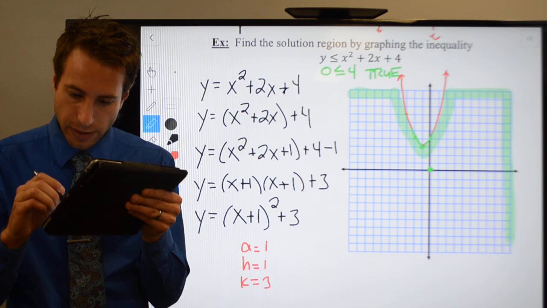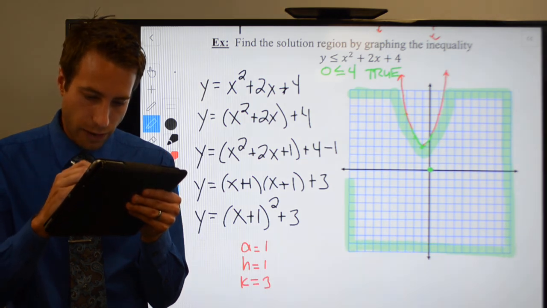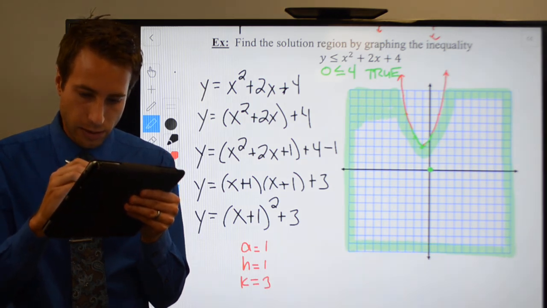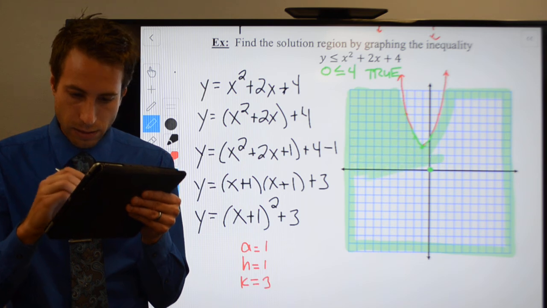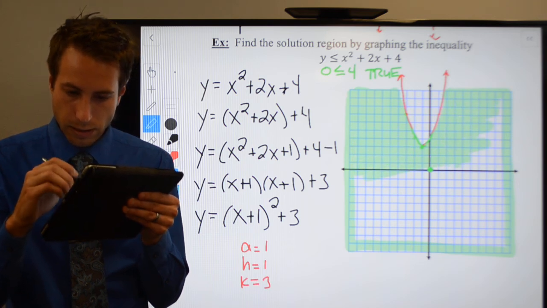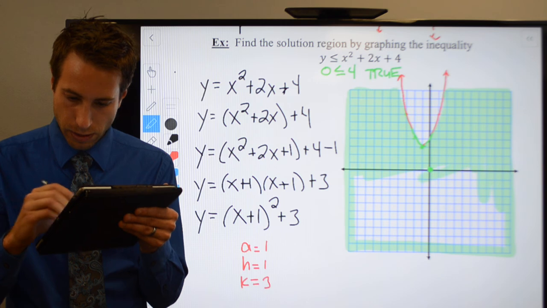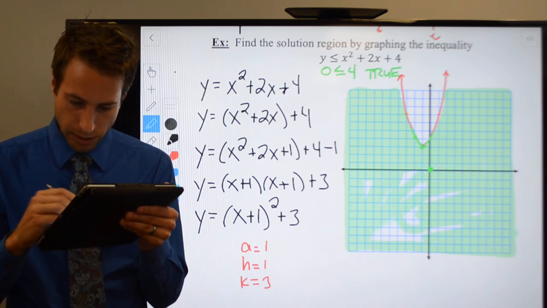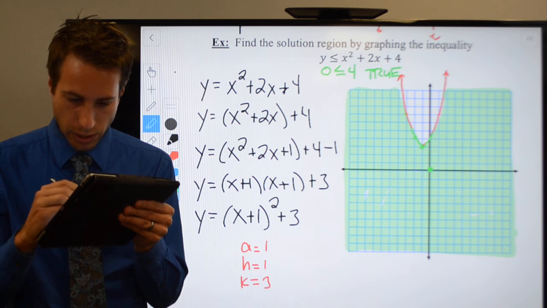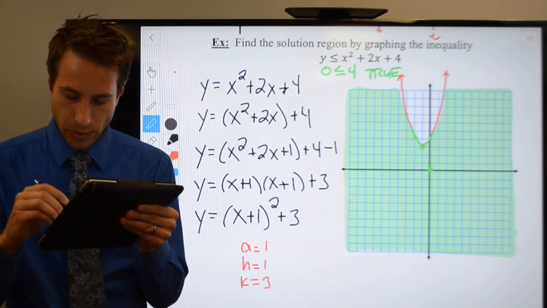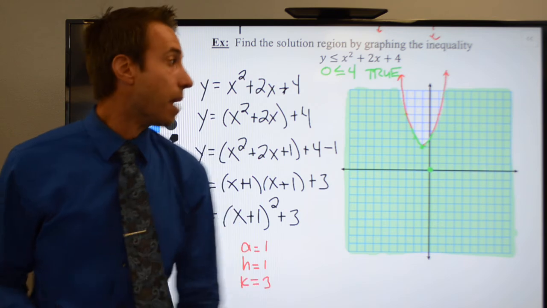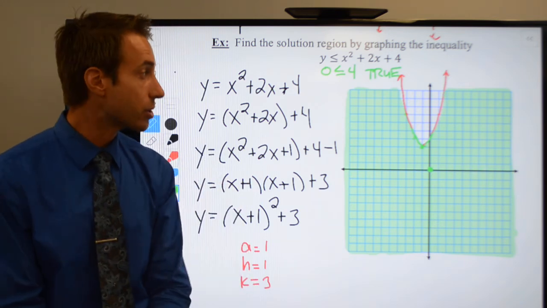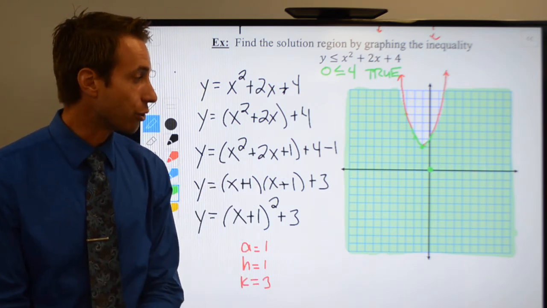So we'll shade everything out here, which is a lot of shading. Just keep shading. Shade. And awesome, there we go. I have now graphed my quadratic in 2 variables and shaded my solution region.